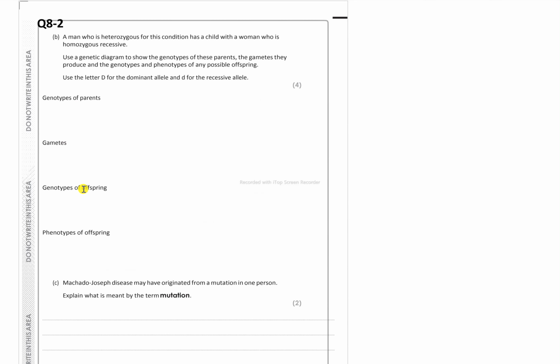Okay, genotypes and gametes, right? Same structure, so we've done this before. You have a man who is heterozygous for this condition who has a child with a woman who is homozygous recessive.